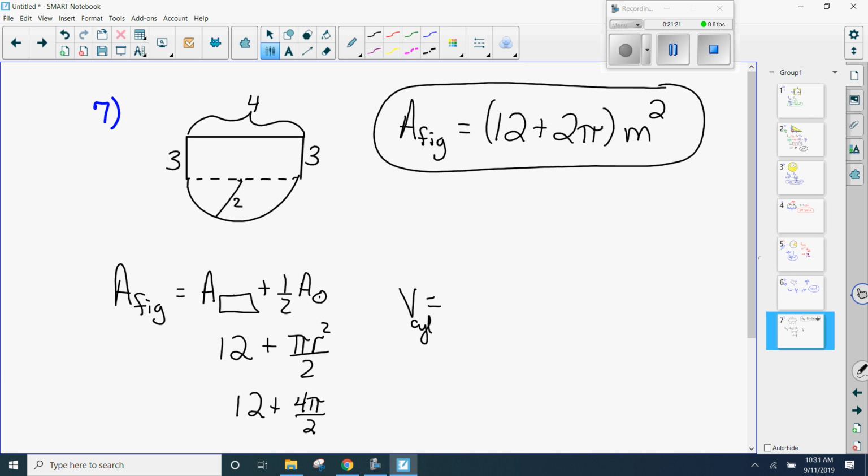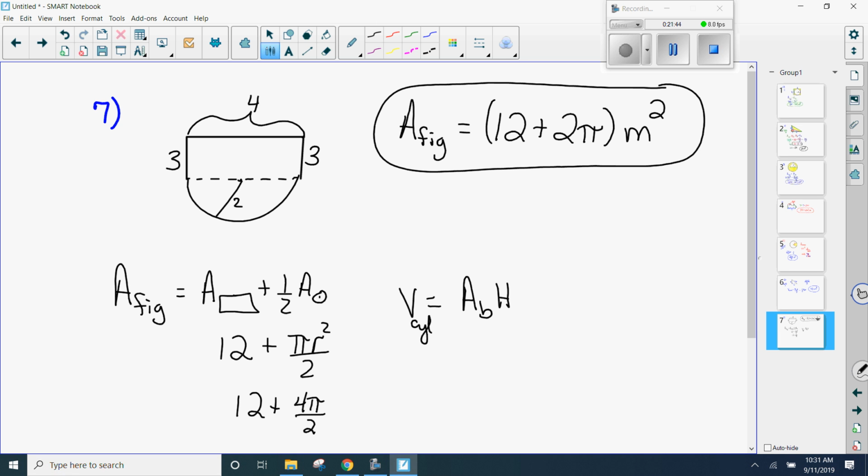That's 4/3 pi r cubed is the volume of a what? Sphere. That's the volume of the sphere. What about for a cylinder? Nope. That's surface area of a sphere. Cylinder. Area of the base times the height. That's all it is.